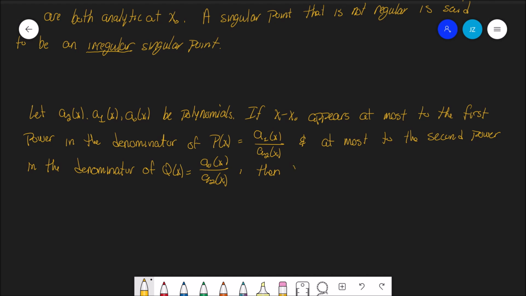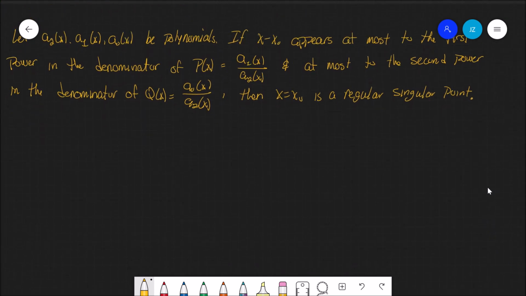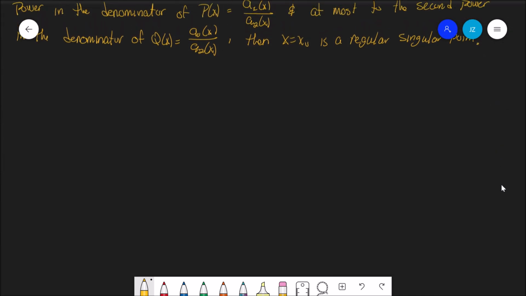Then x equals x0 is a regular singular point. So just as in the previous section, we can form a power series solution of a differential equation centered at a regular singular point. This is known as the method of Frobenius.